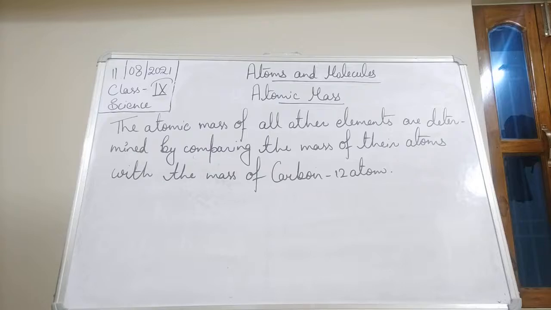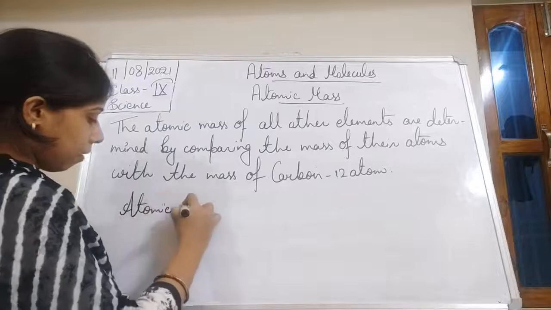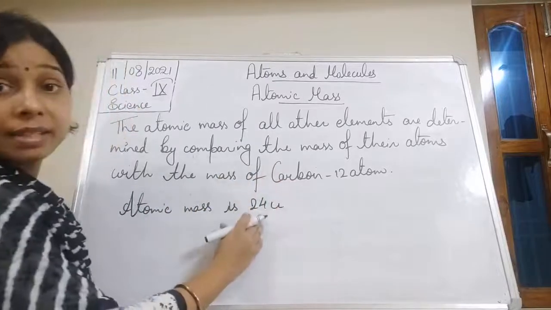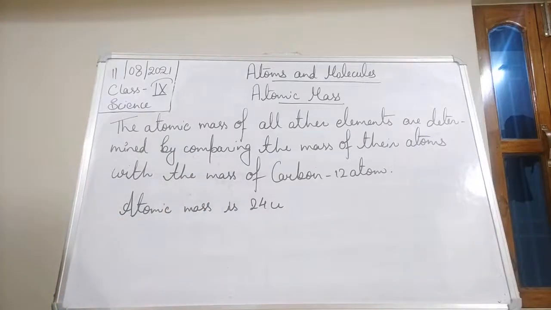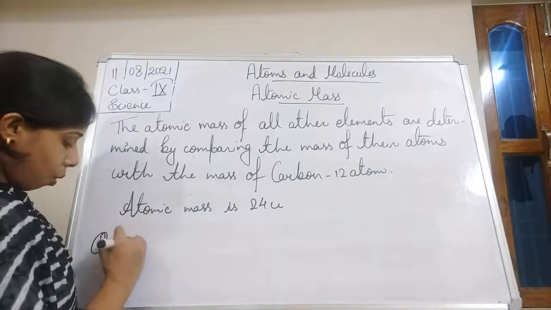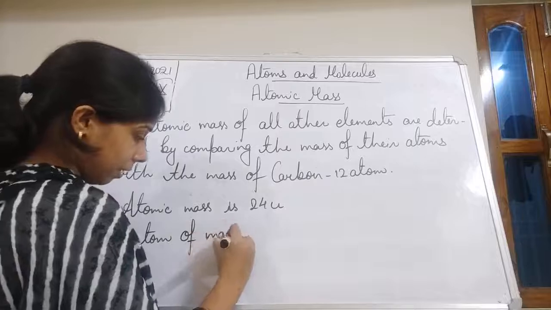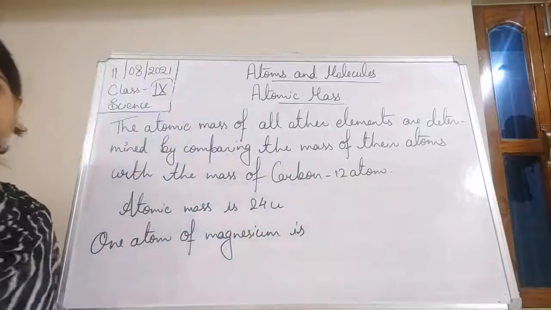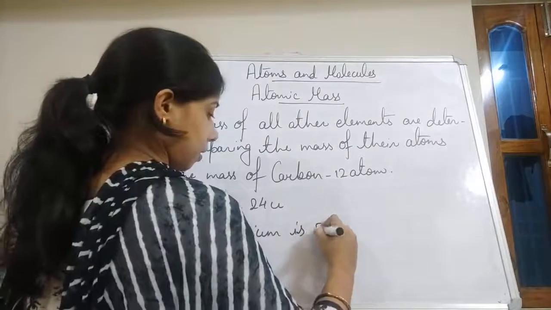We can understand it like this: suppose the atomic mass of magnesium is 24 u, where u represents the atomic mass unit. Here we can say that one atom of magnesium is 24 times heavier than 1/12 of a carbon 12 atom.